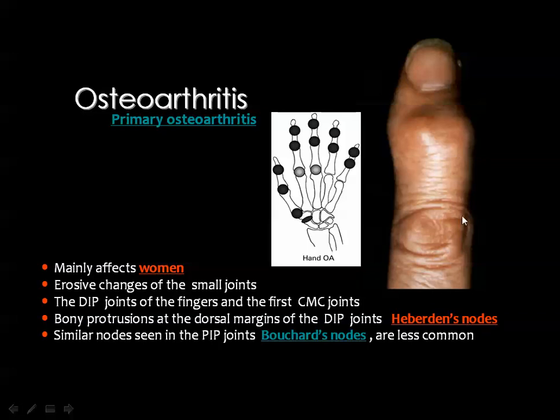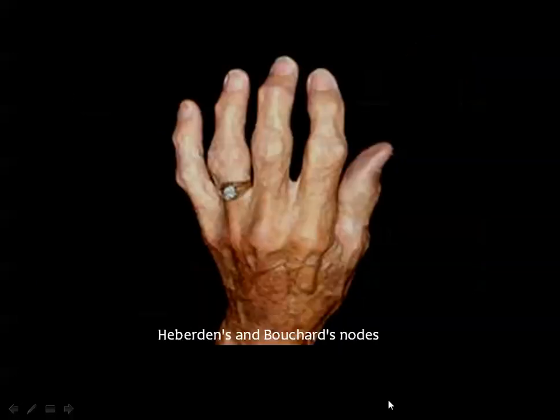And if these bony protrusions are also seen in relation to the proximal interphalangeal joint, they are known as Bouchard nodes. These nodes are, as you can see here, less common compared to the Heberden's nodes.